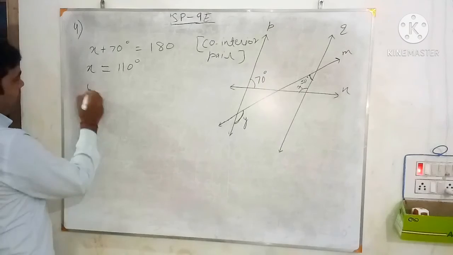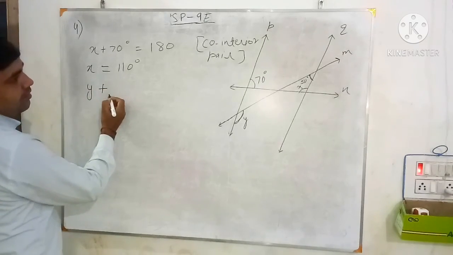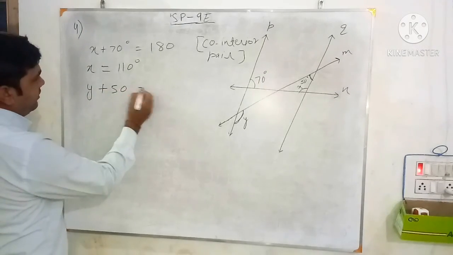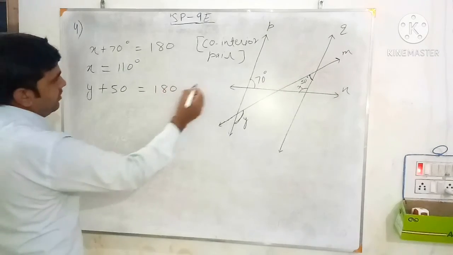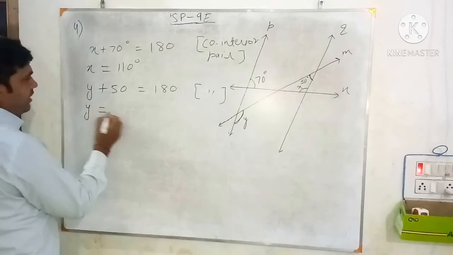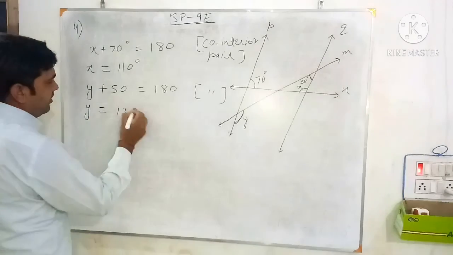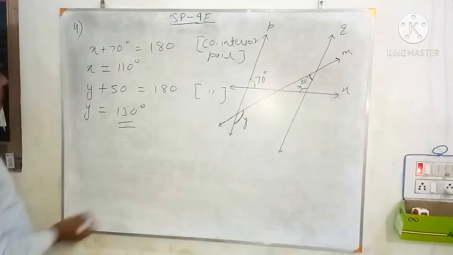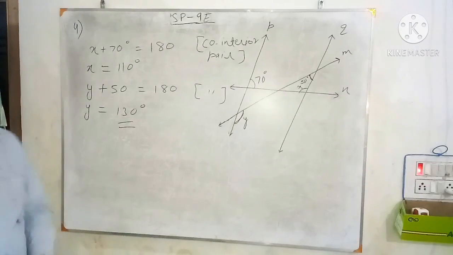So y plus 50 degree is equal to 180. Same reason. Now y is equal to 180 minus 50, which gives you 130 degree. So like this we have found the angle y also.